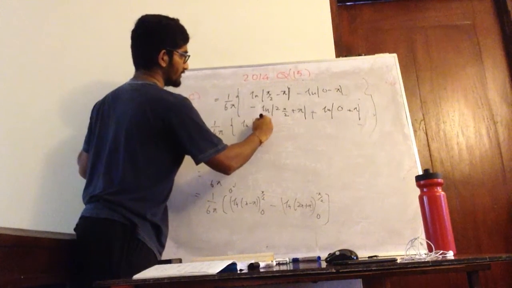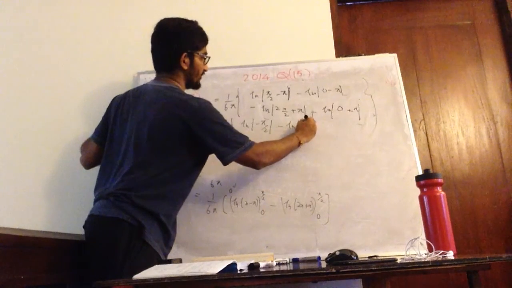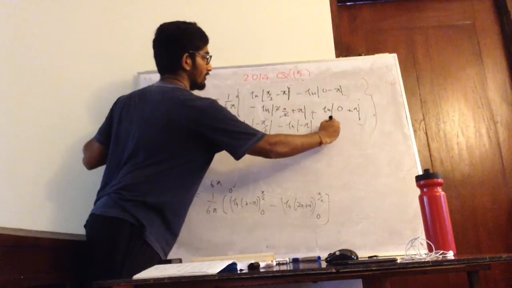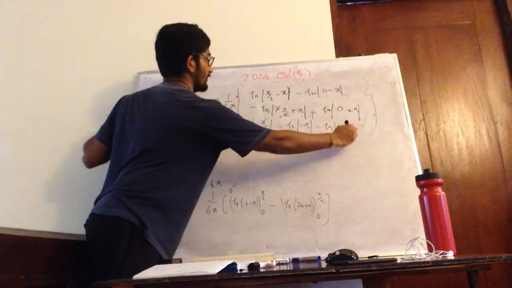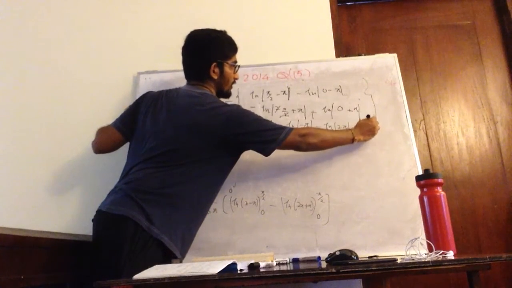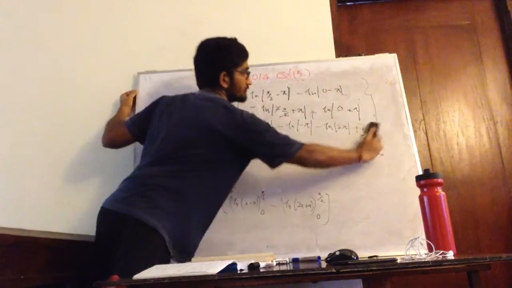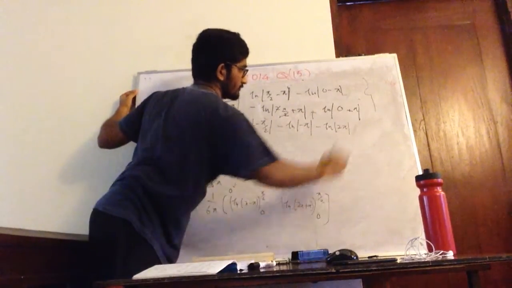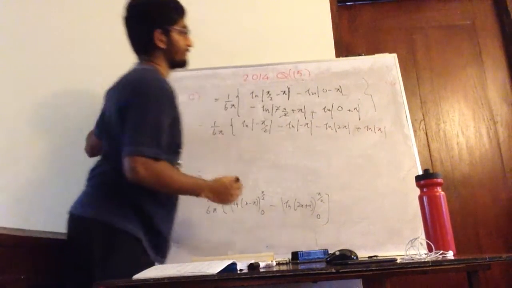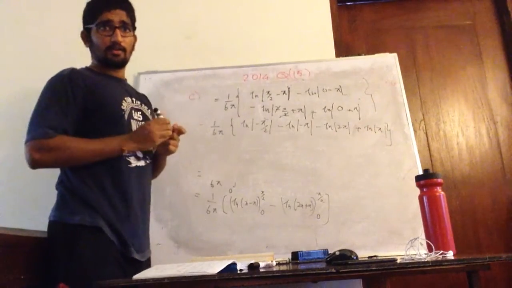ln of minus 5 over 2, minus ln of minus 5, minus ln of 10, plus ln of 5.